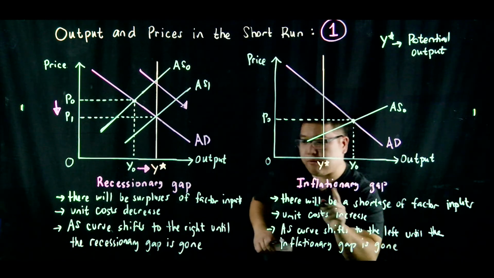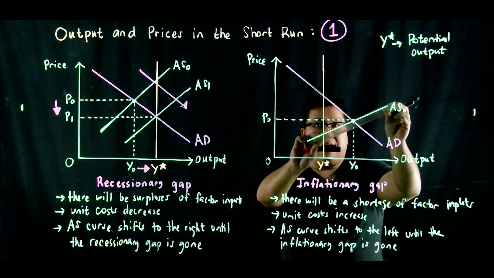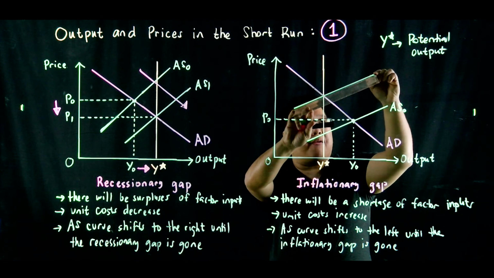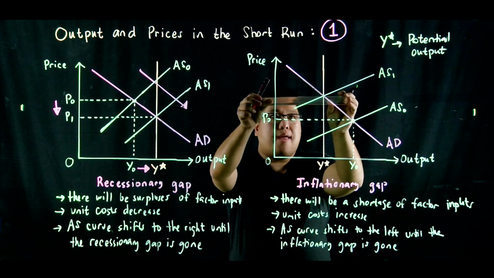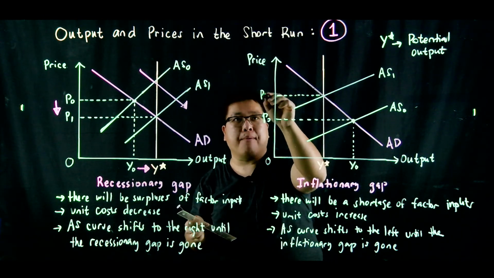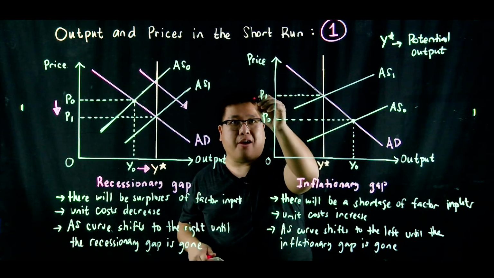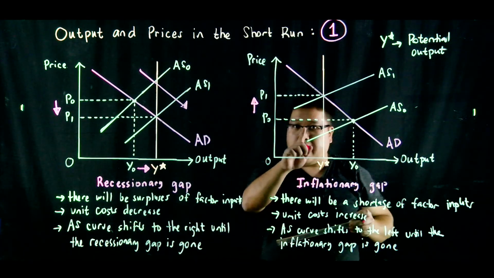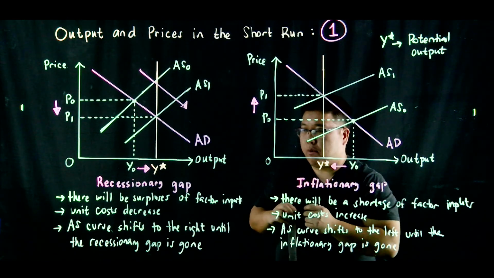So, by way of a graph, how do we show that? Well, our AS curve will simply shift to the left, right here, until this inflationary gap is gone. I call this AS1, and the new price level is P1. That's why it's called an inflationary gap, because the end result of this is that the overall price level in the economy goes up from P0 to P1, and output decreases from Y0 to Y1.